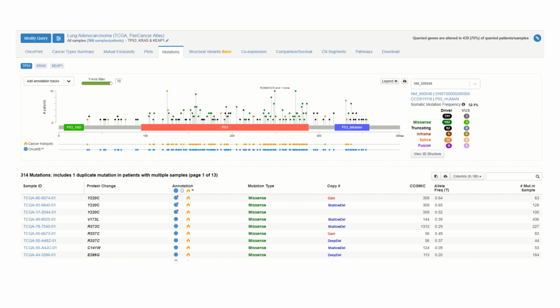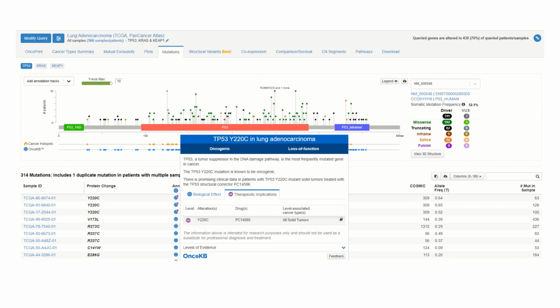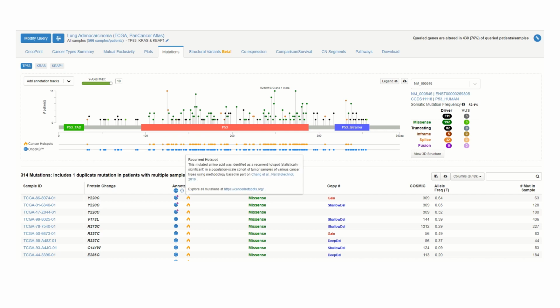This is confirmed by the blue icon, which indicates a loss of function mutation, and a fire icon, which indicates a recurrent hotspot. As you can see, there are many recurrent hotspots and many OncoKB annotated mutations. Unlike KRAS, TP53 has more hotspot regions, many of which are driver mutations.